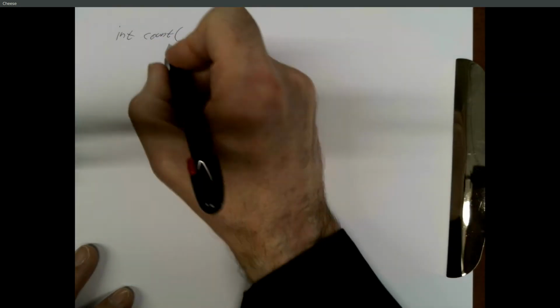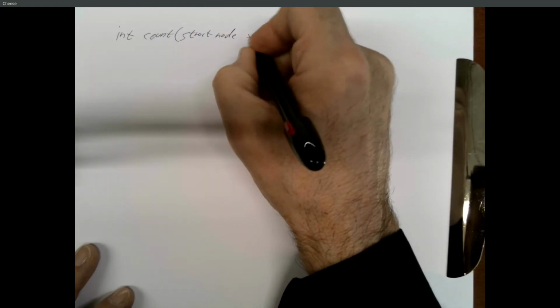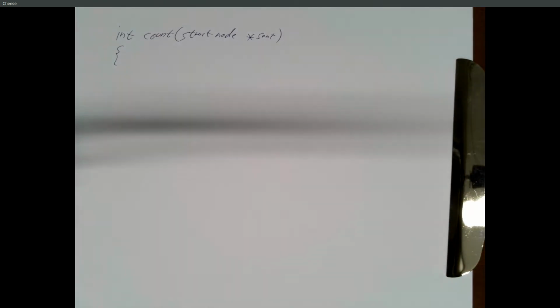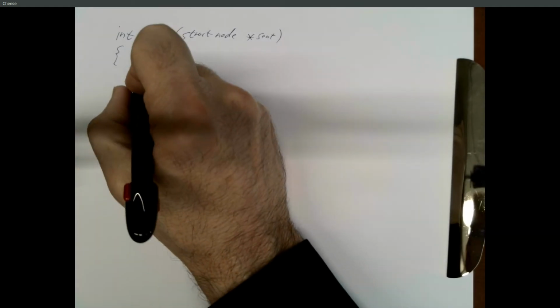So let's make an integer valued function named count. It takes in a sentinel node. So we want a temporary.